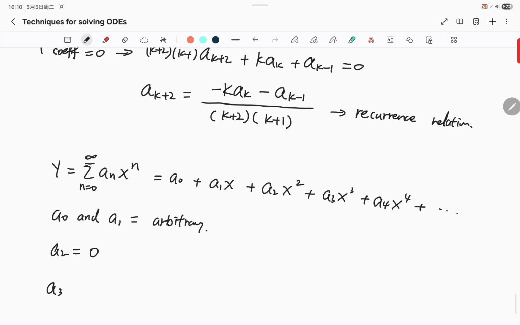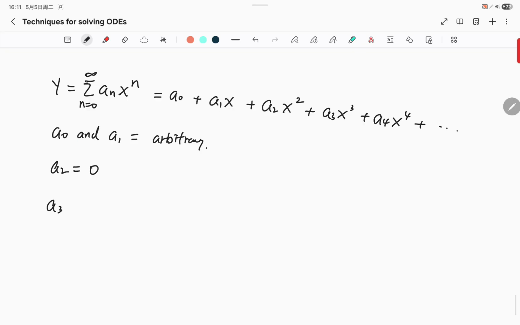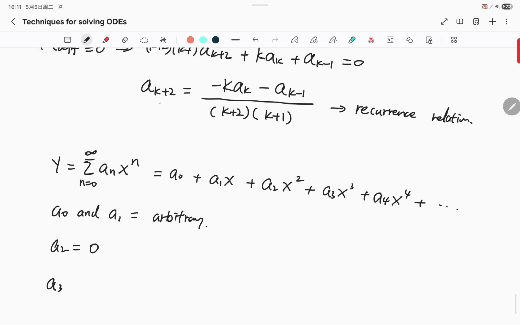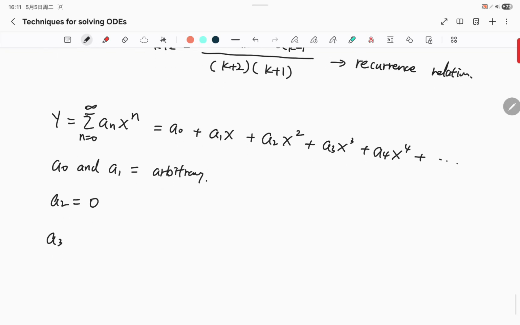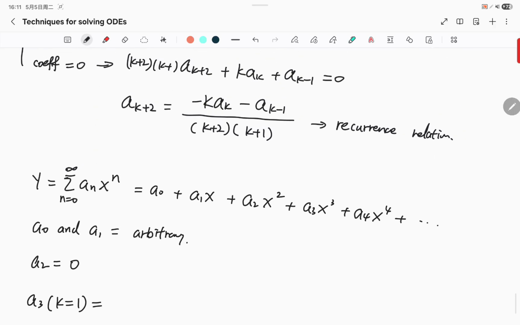If you look at a3, because we do this in increasing order: a0, a1, a2, a3, a4, and so on. Now we have a3. k plus 2 is equal to 3, which means my k must be 1. So now we're going to sub k equals 1 into my recurrence relationship.